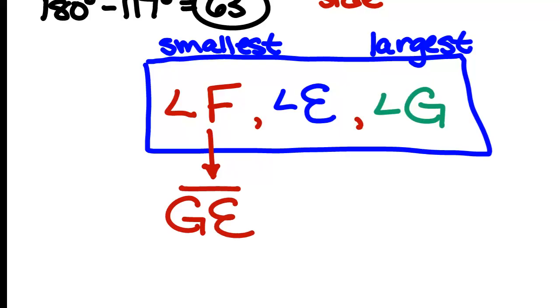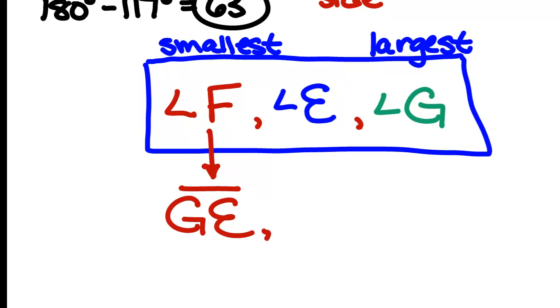Now I want you to notice, when I do my smallest angle, the smallest side does not have the same letter in it as the angle. My side is GE, my angle is F. I should never see the same letter show up in my side as I do in the angle in the pieces that correspond.